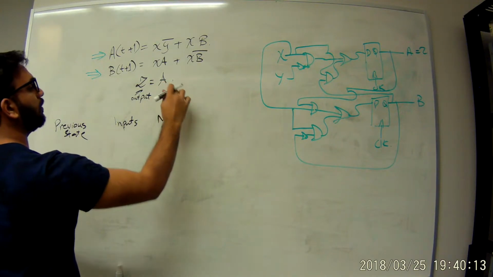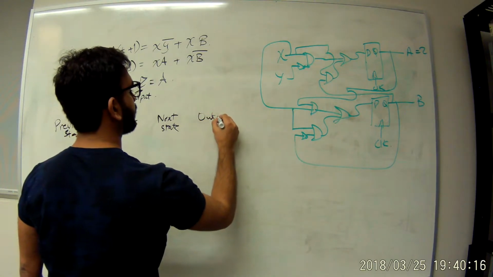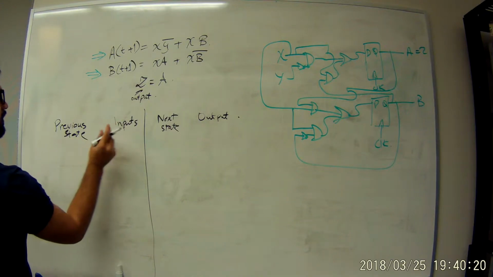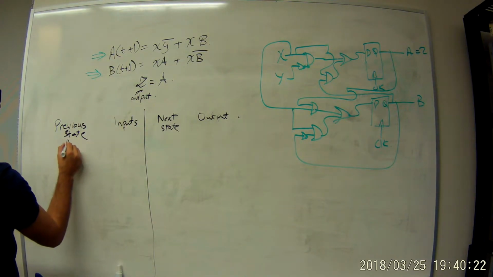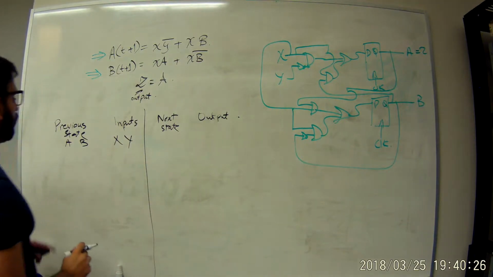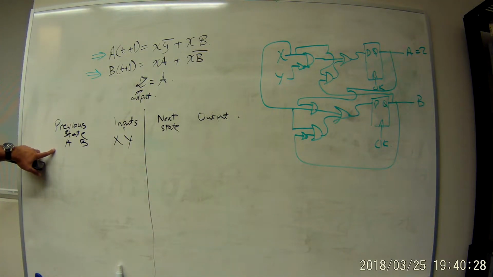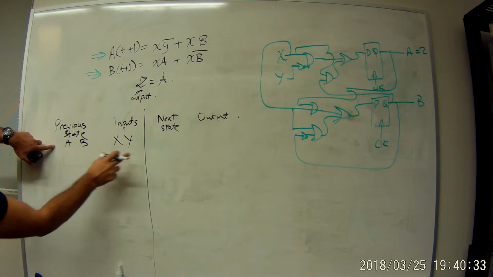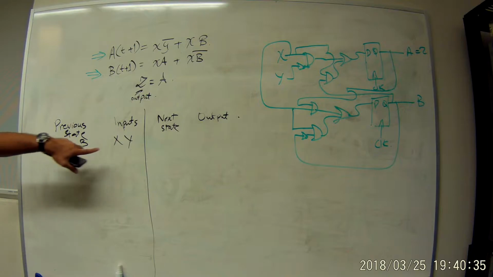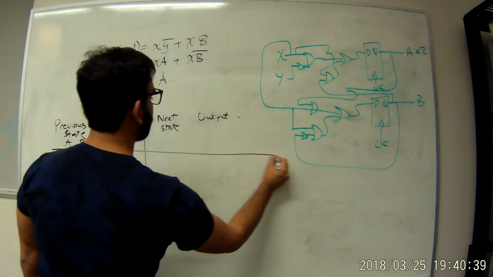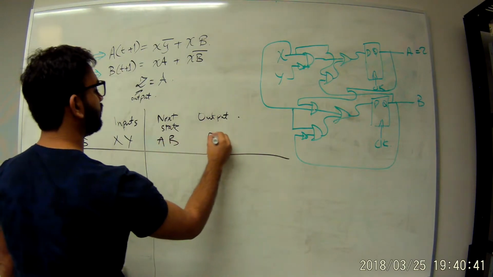And in this case, we have output, so we're going to have output. Since we're using 2 bits, our previous state is going to have 2 bits, and our input is going to have 2 bits, X and Y. So 2 bits means 4 cases, and for each case we're going to have 4 cases of X and Y, so in total it's going to be 16. Our next states are A and B, and we have Z.